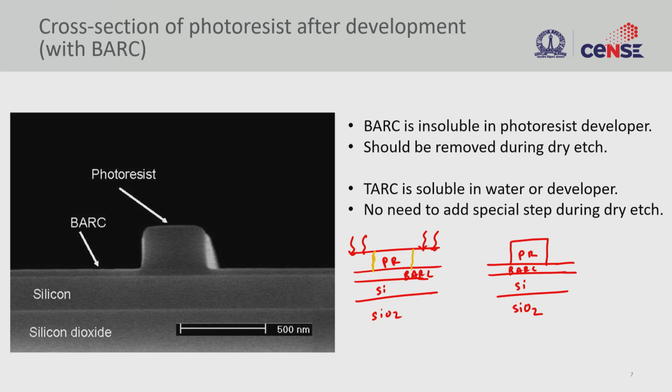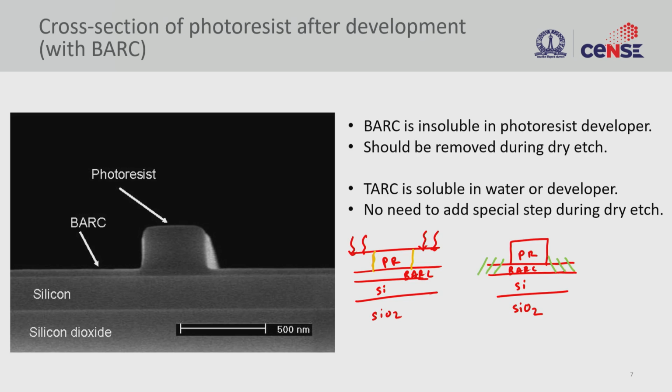So, what is the next step we are going to do? Probably you are going to do this for dry etching, let us say, right. If you are going to do dry etching, you should open this BARC layer in order to get access to silicon. Okay. So, you want to remove this BARC layer before accessing silicon.